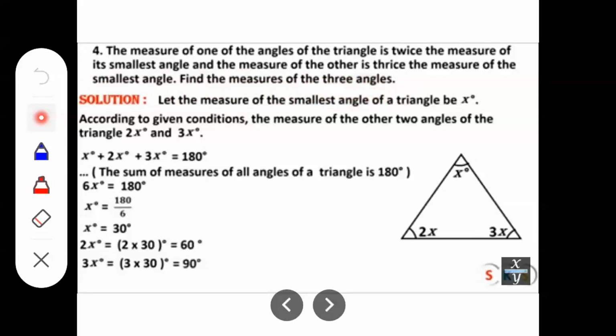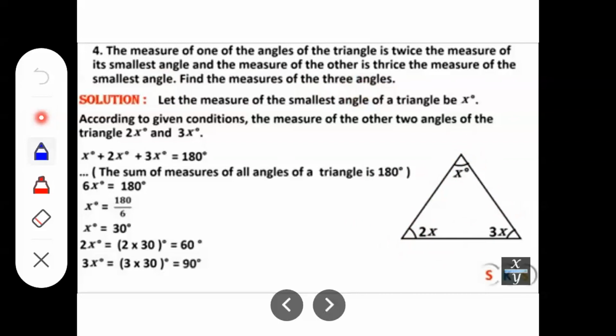Here also in your textbook, a diagram is not given. To make it easy to write the solution, we have to draw a triangle here. I have drawn a triangle, and the conditions are given for the measurement of the angles. Now, what is the condition?